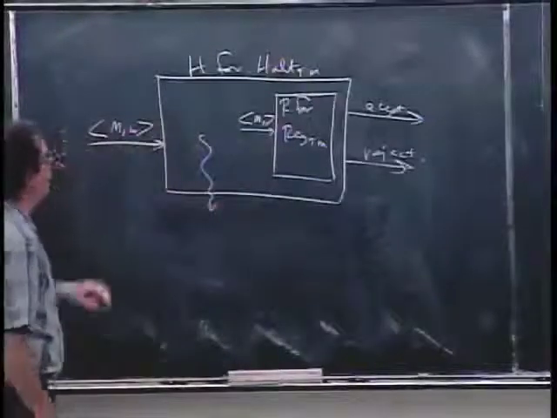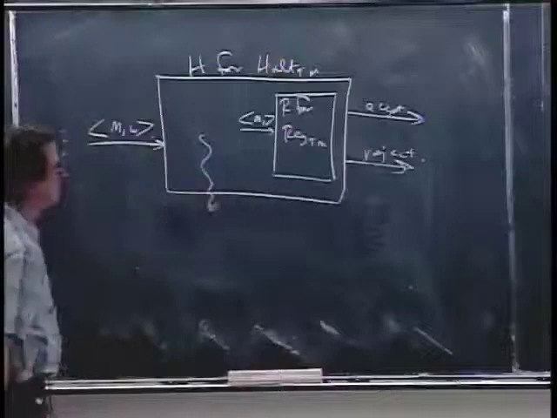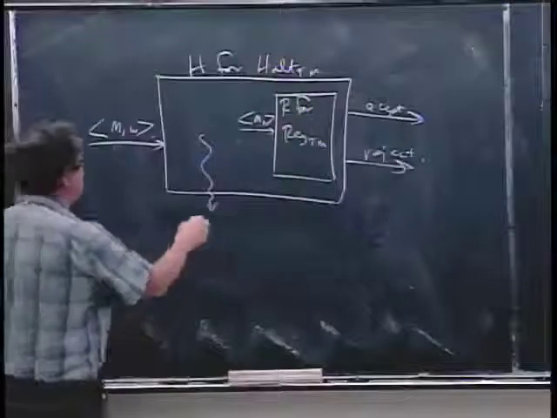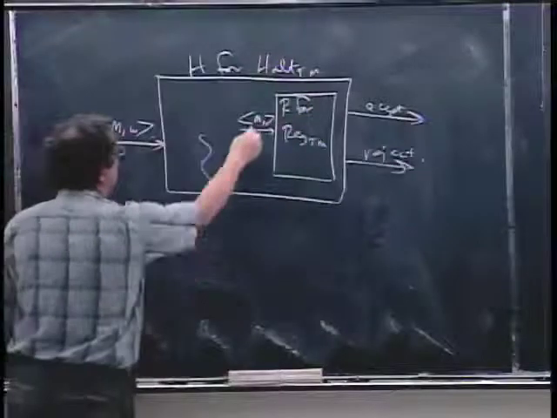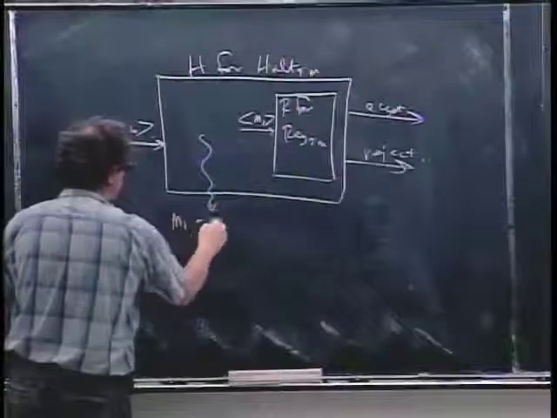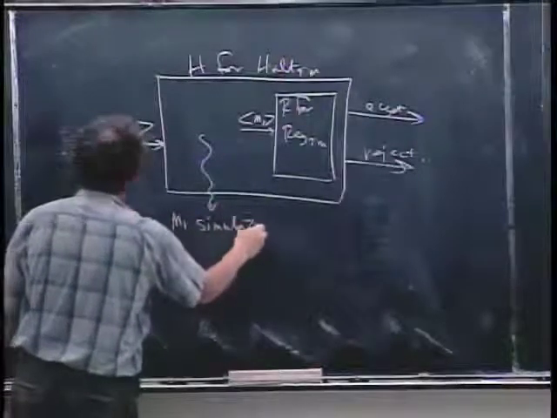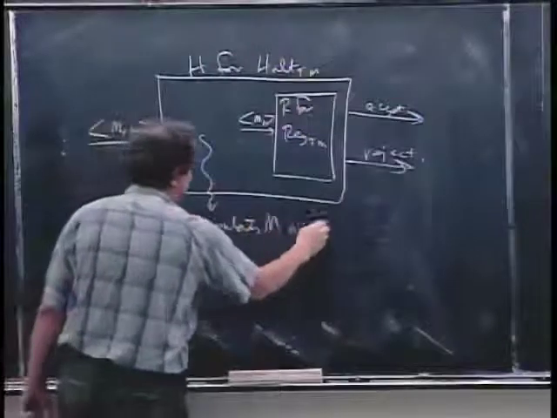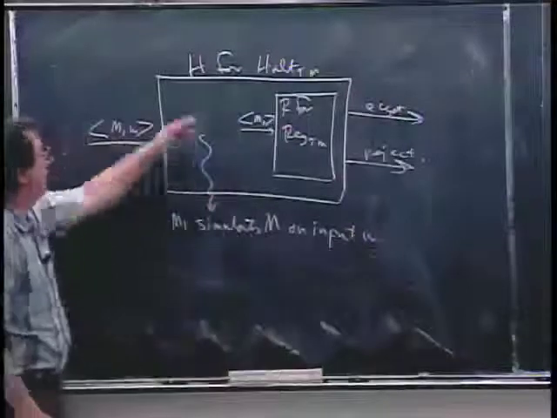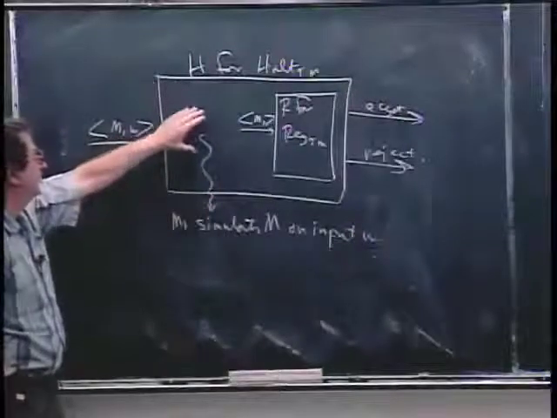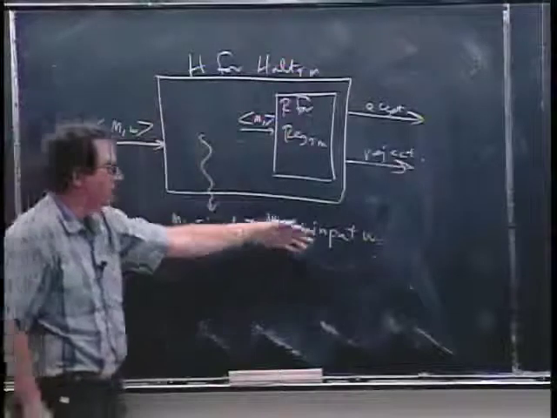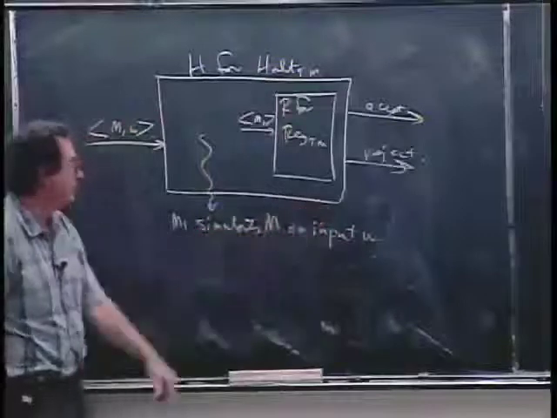Okay, so that's the description of what we want to do. So I think the following thing might work. H is going to create this Turing machine M1, and what does M1 do? M1 simulates M on input W. Well, certainly H can create a description of a simulator for M on W. That's the universal Turing machine.